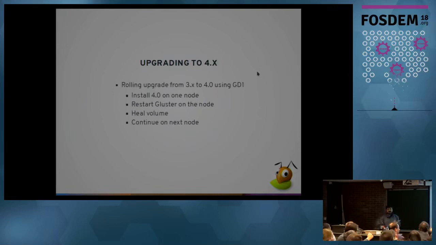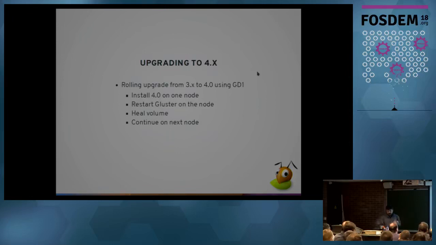As I mentioned, initially users will need to perform a rolling upgrade from Gluster 3.x to 4.0 using Gluster 1. The steps are as described here. You install the new packages on each server, one after the other. Install it on one server, restart the GlusterFS process on that server, and do a heal of the volume so that any data written to volumes during the upgrade of that node gets replicated properly.